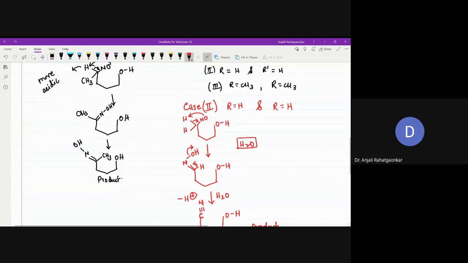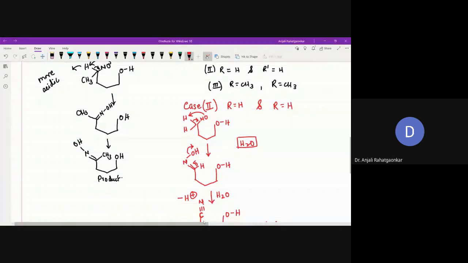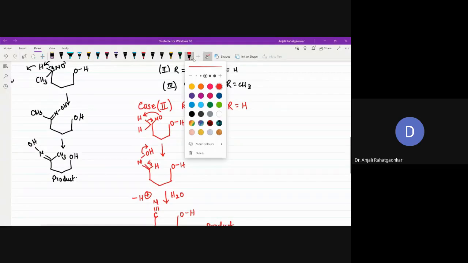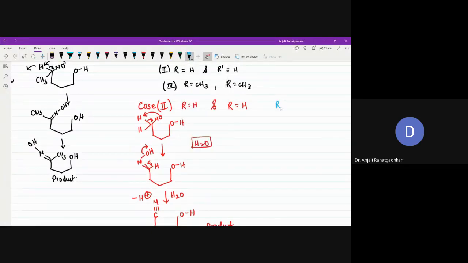And what will be the next, what will be the third possibility, when your R is equal to CH3 and R dash is equal to CH3. Now again draw the proper structure.